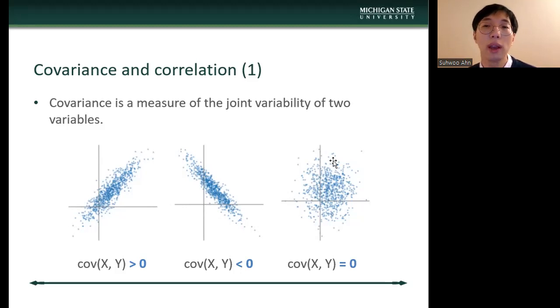When there is no relationship between x and y, as shown in the graph on the right, x increases but there is no change in y, then we can say there's no covariance, so the covariance value is 0. In this way, you have to read the graphs and think about how they relate to the covariance values.